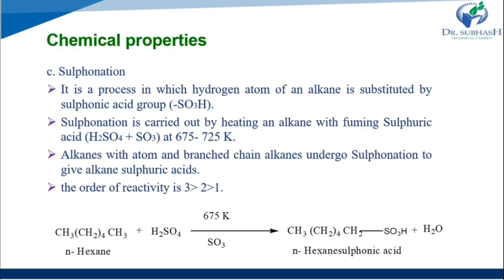Okay, so alkane with higher atoms and branched chain alkane undergo sulfonation to give the alkane sulfonic acid. The order of reactivity is tertiary greater than secondary greater than primary. So here first we take n-hexane and react it with H2SO4, that is sulfuric acid, in the presence of SO3 and high temperature, making one alkane sulfonic acid, and one water molecule is removed.